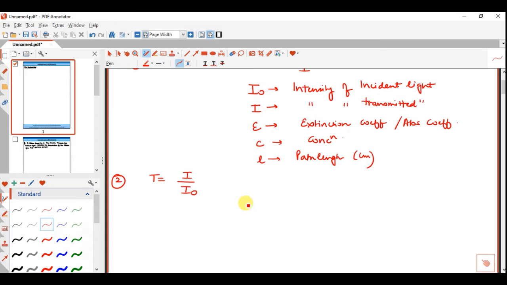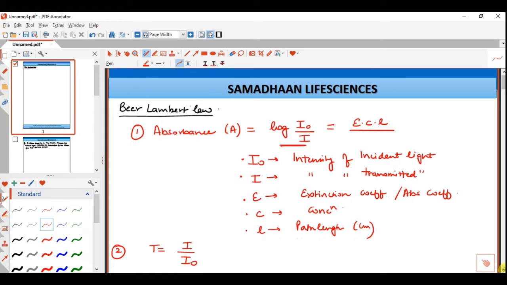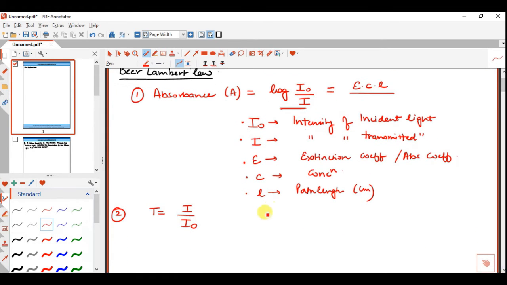Absorbance was log I naught by I, and it can also be written as epsilon into C into L. So log I naught by I is equal to epsilon into C into L. Transmittance is just the reverse, and the log is not there.